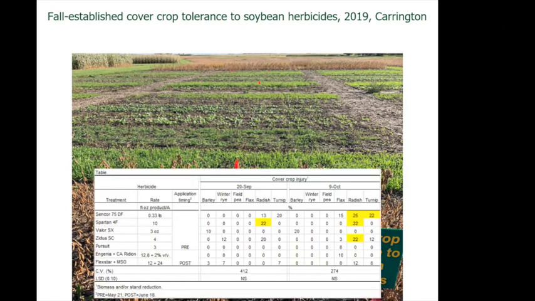As an example of what we found, this is from 2019, and you see the herbicides that are listed. This would be the core group that we used, and also the core group of cover crops that were investigated. As we evaluated, our biggest concern was if we had injury that was greater than 20%. We were successful in quite a number of cases.